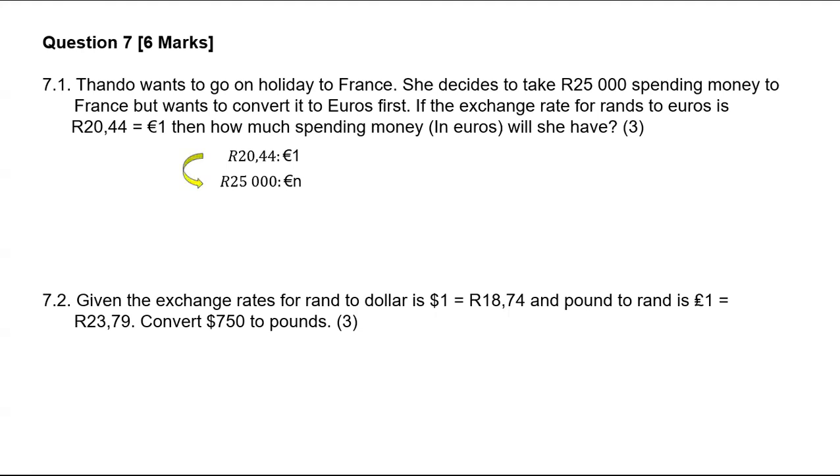When you take 25,000 and divide it by 20,44, it will give you 1,223,09. So it means we took 20,44 and we multiplied it by 1,223,09. We are going to do the same with the second part, meaning that I'm also going to multiply it by 1,223,09.